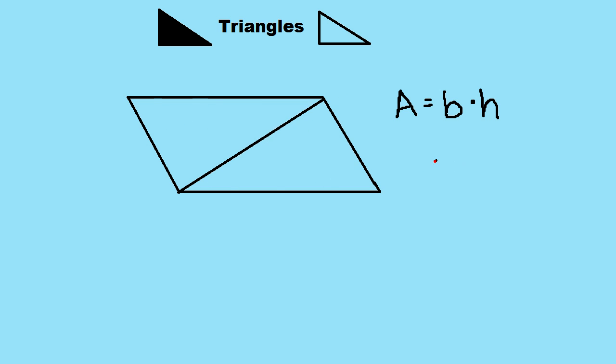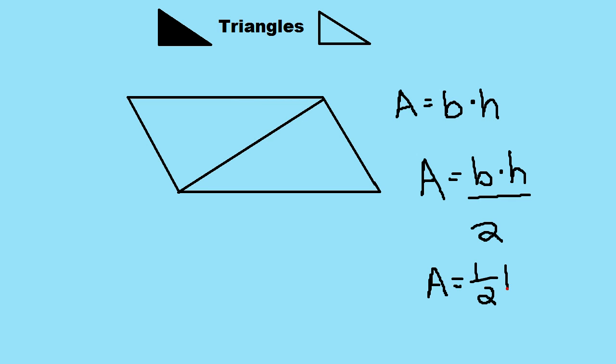So for the triangle, that's going to be area is equal to base times height divided by 2, which can also be written as area is equal to 1/2 base times the height.